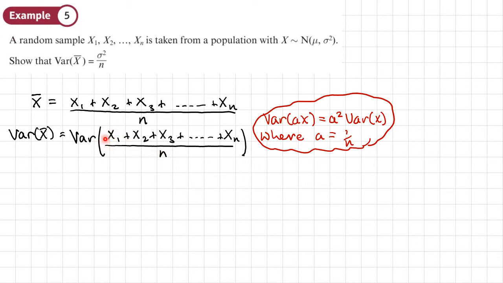I could have written this as 1 over n times the sum of all of these, equals a squared var X. So this can be written as 1 over n all squared, which is going to be 1 over n squared, times the variance of the sum of these random variables.